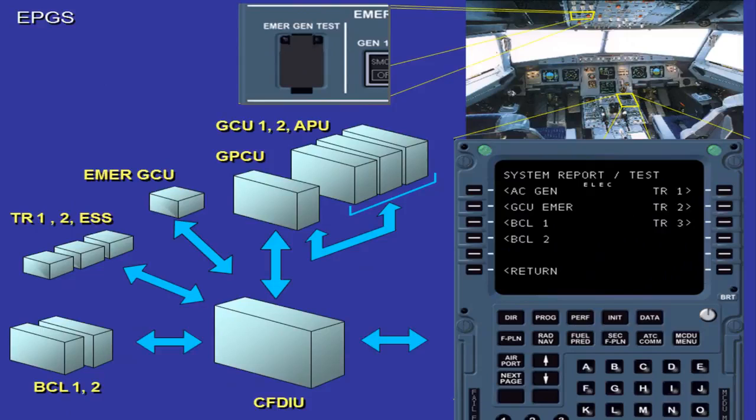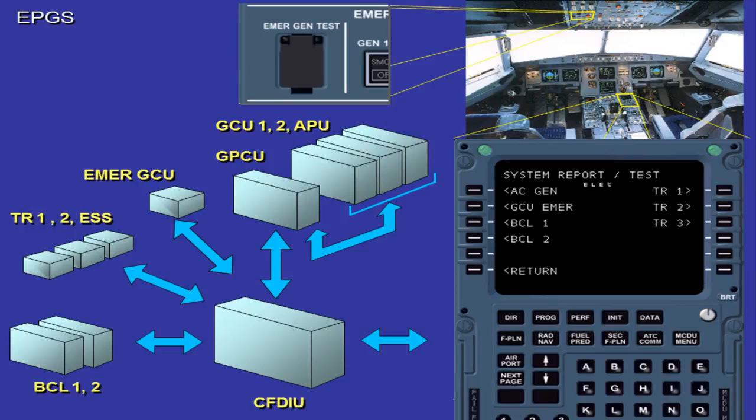The GPCU is the interface between the GCUs and the CFDIU for test purposes and fault reporting on the MCDUs. Both the BCLs and the emergency GCU communicate with the CFDIU for the same purposes.